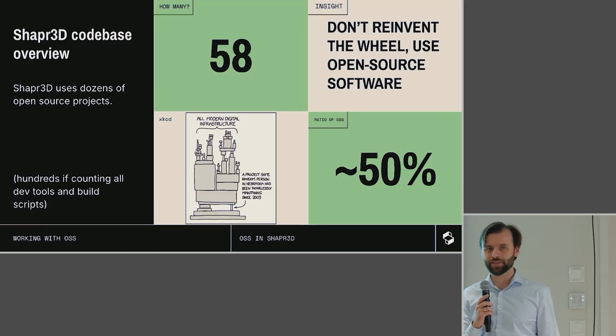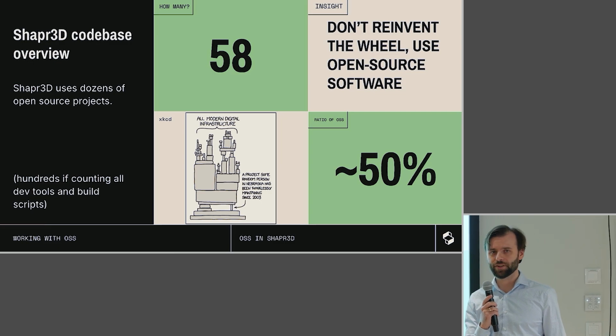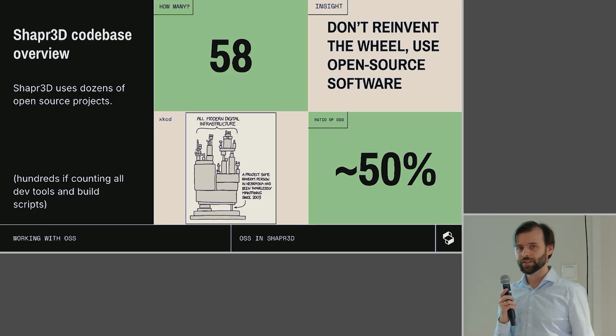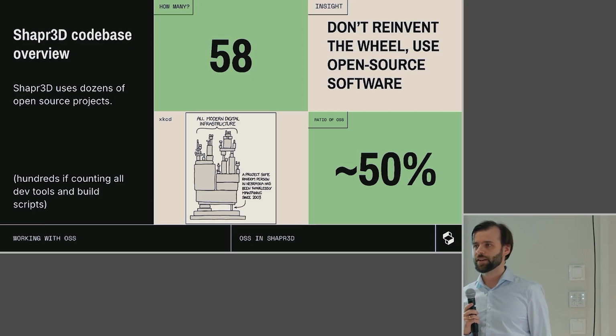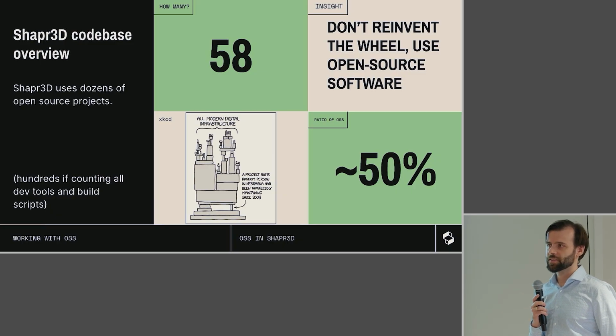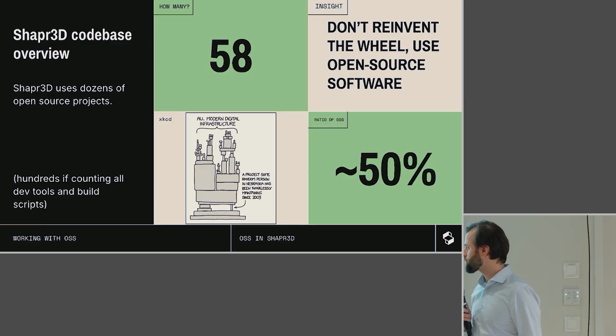But this is not surprising because not so long ago, Shaper 3D was a startup, and startups usually don't reinvent the wheel, but use something existing. So did we. We used some open source software, and some of them stuck with us even to this day.